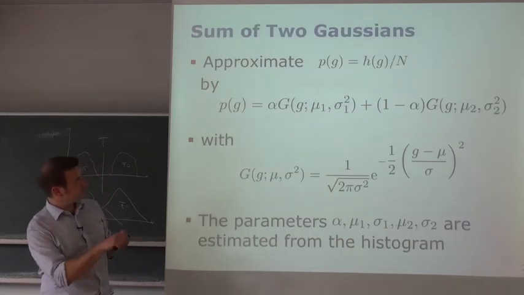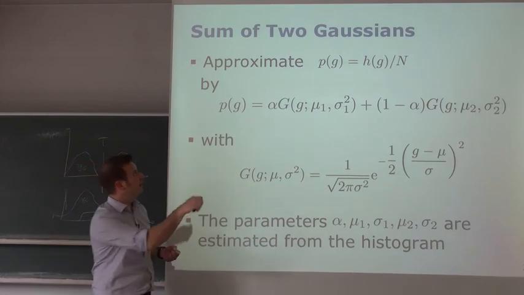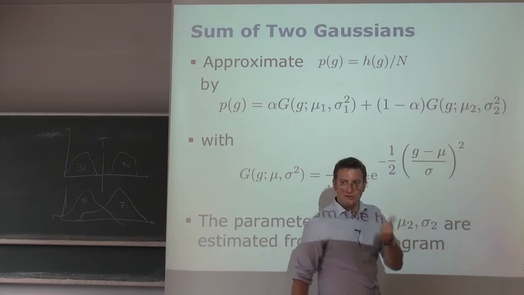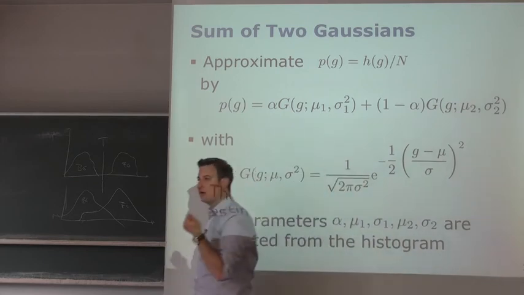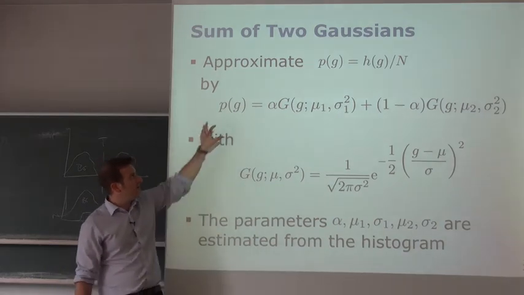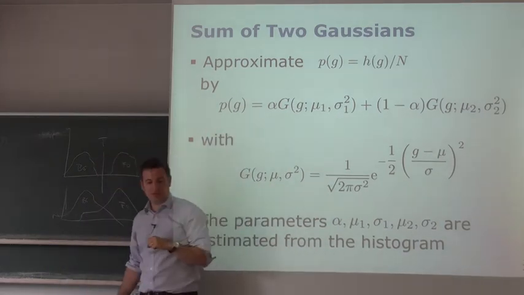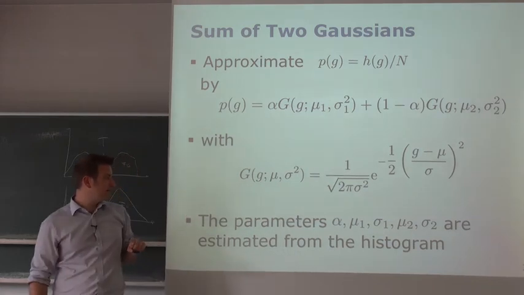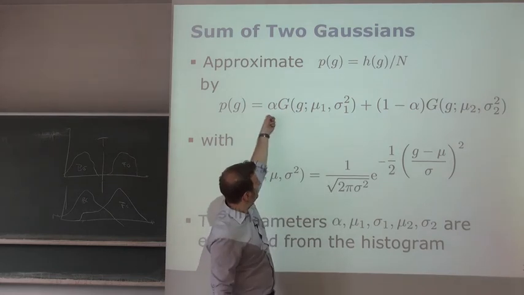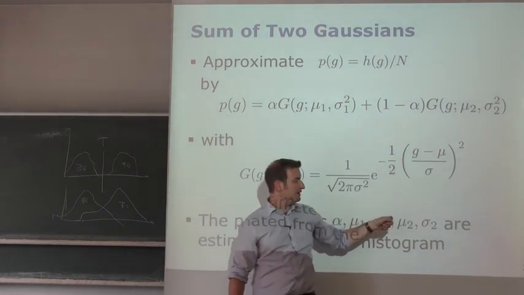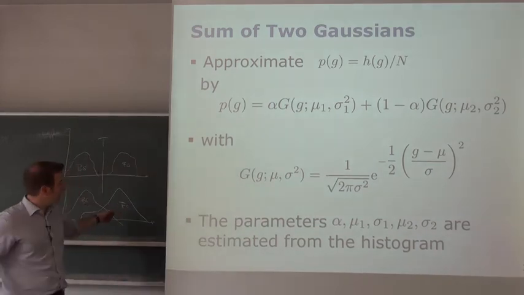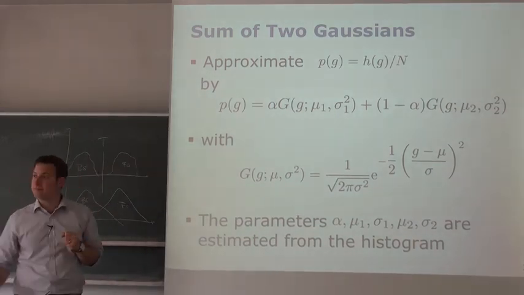So I can assume I have a sum of two Gaussian distributions, the probability of foreground and background intensity values. Then I simply have a bimodal distribution over here. I also have the weighting factor, the weight for the first and the second Gaussian, and the mean and variance of the first and second Gaussians, and I may estimate them from my histogram.